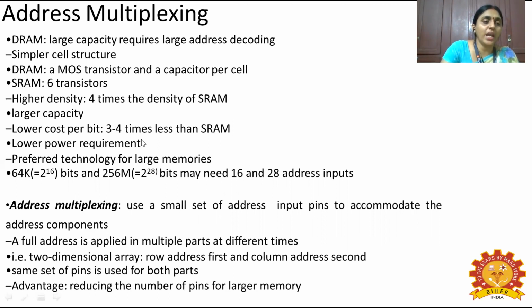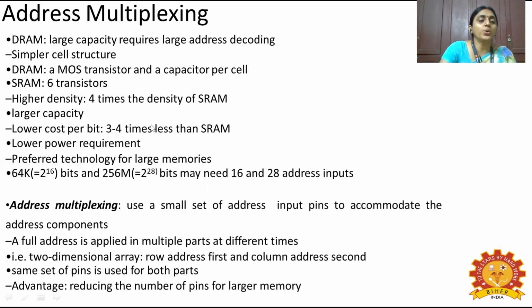And 64K, that is 2^16 bits, and 256 megabits, that is 2^28 bits, may need 16 and 28 address inputs. So address multiplexing uses a small set of address input pins to accommodate the address components. A full address is applied in multiple parts at different times.